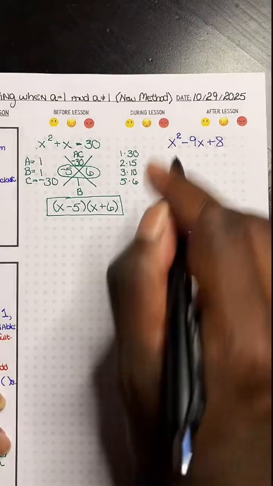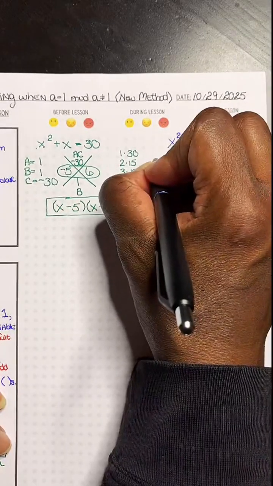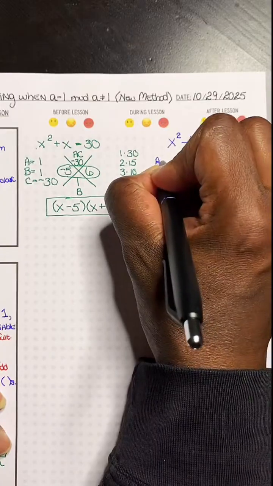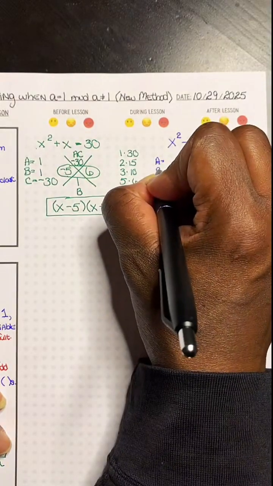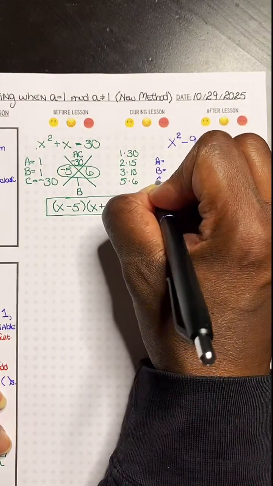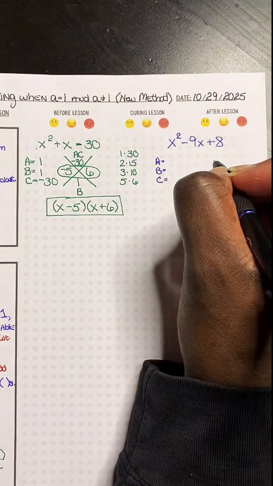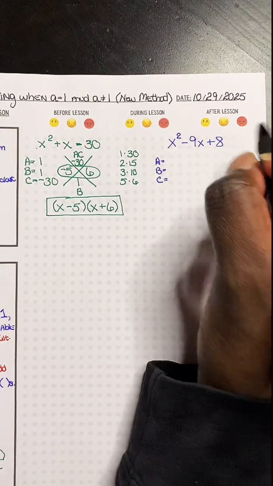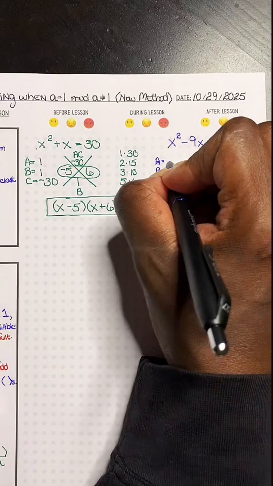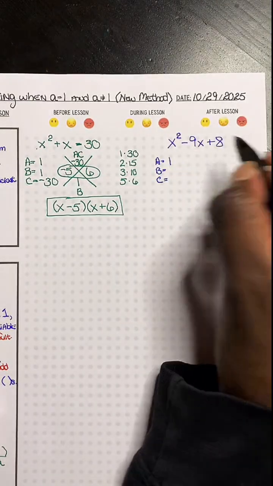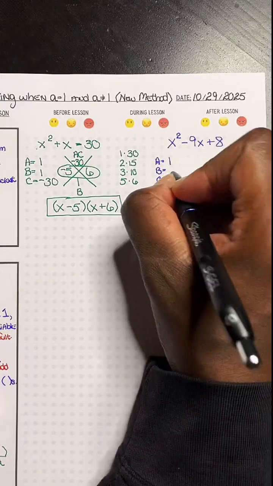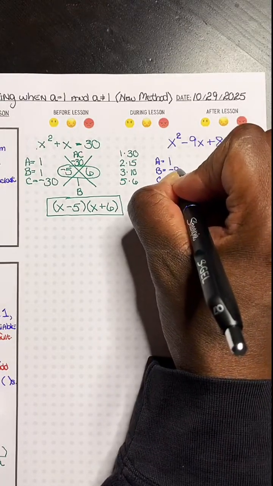All right. So in this case, we're figuring out our A, our B, and our C. So my A is the coefficient of x squared, so that gives me 1. The B is the coefficient of the x, so that gives me -9.